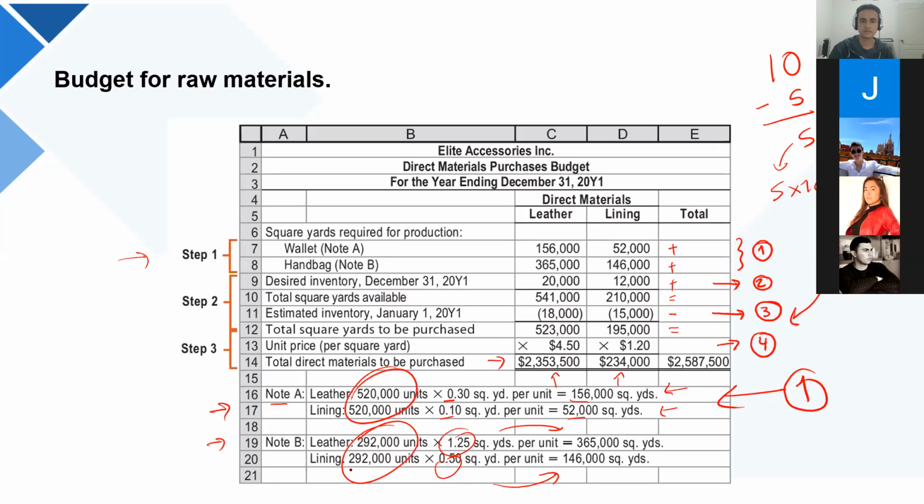Teacher, I have a question. For the first step, to determine the notes A and B, what you're doing is multiplying the number of units that you want to produce by the amount of material that each unit takes to produce. Exactly.